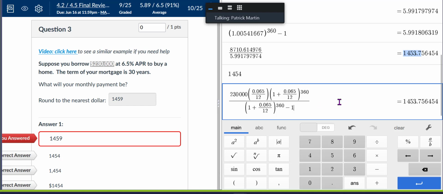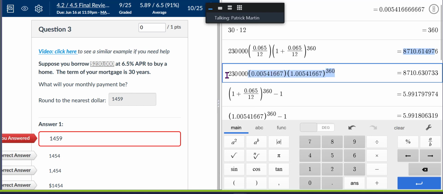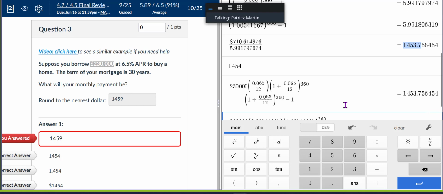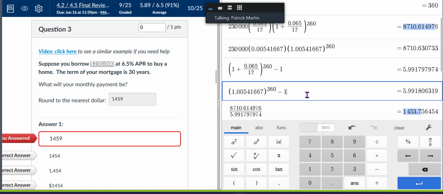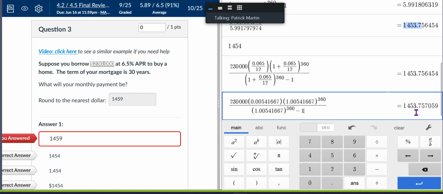And I guess if we did our rounding way, how far off would we be? Let's see, that over that, yeah, it's pretty close. So either way you should get 1454, right?